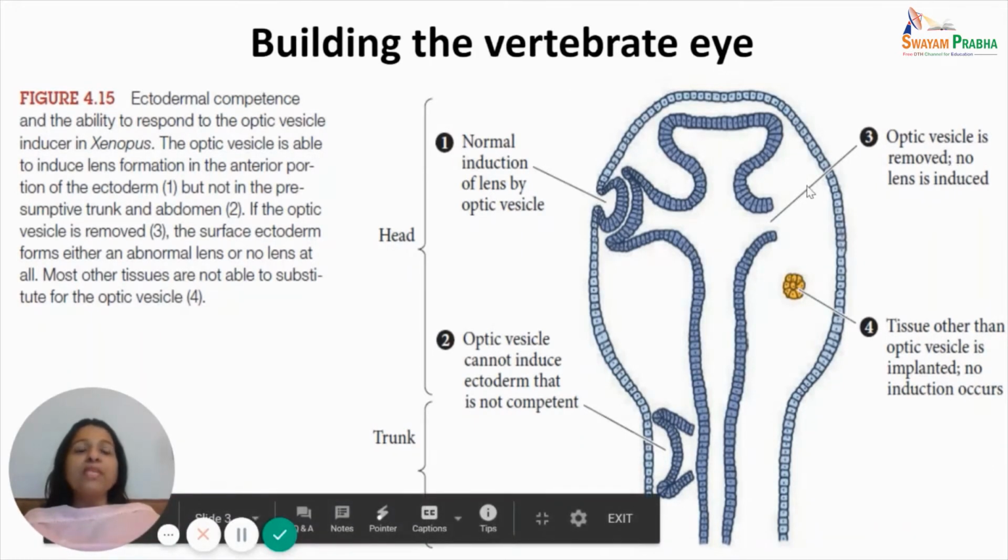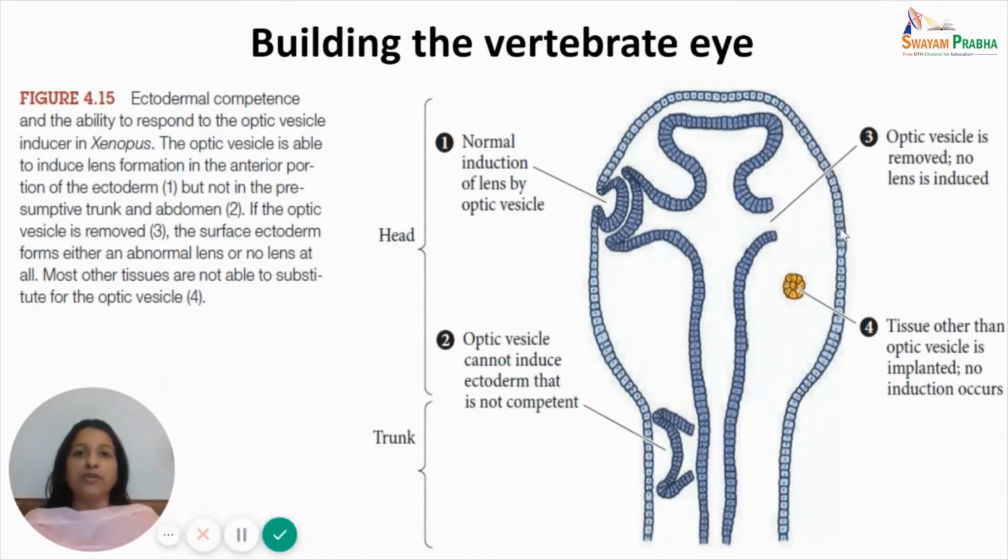Also, if the optic vesicle is removed, there is no lens formation by the surface ectoderm of the head. Also, if any other tissue is placed under the head ectoderm other than the prospective optic vesicle or the brain bulges, then also no induction of the surface head ectoderm to form lens can occur. So this is a classic example in which we know that there is an equal importance of inducer as well as the competent tissue or the responder.